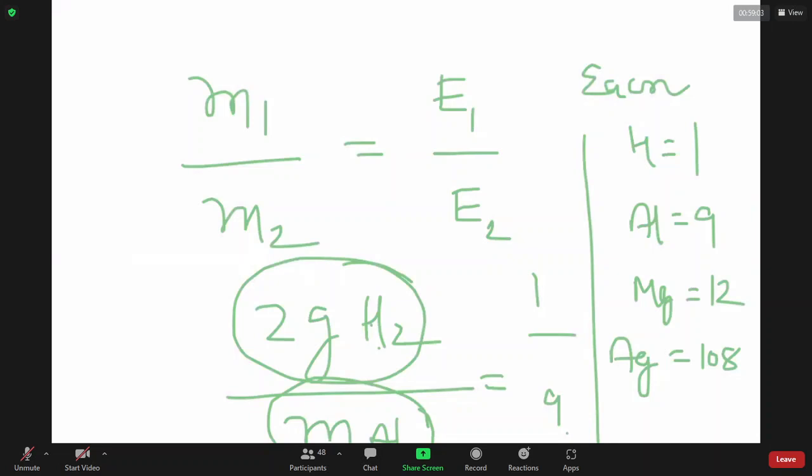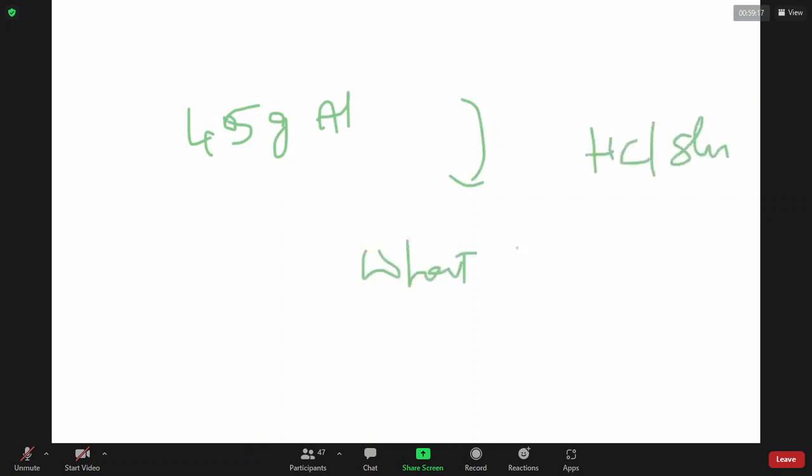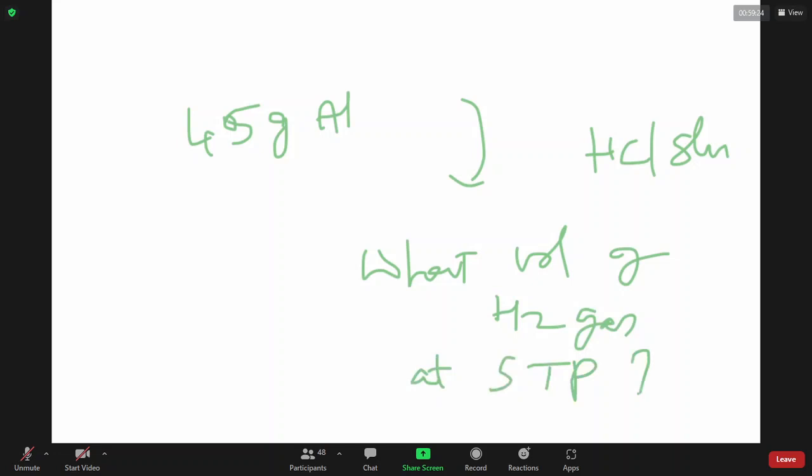For example, in an experiment, I am getting 45 grams of aluminum by electrolysis. If I pass the same current, same charge through HCl solution, what volume of hydrogen gas do I get at STP?